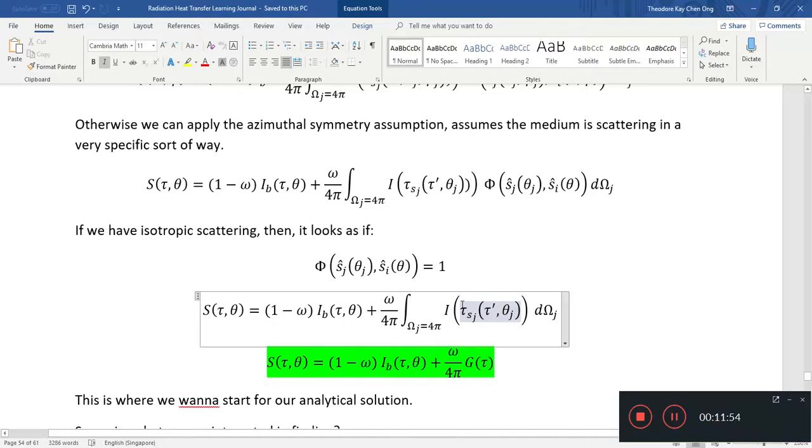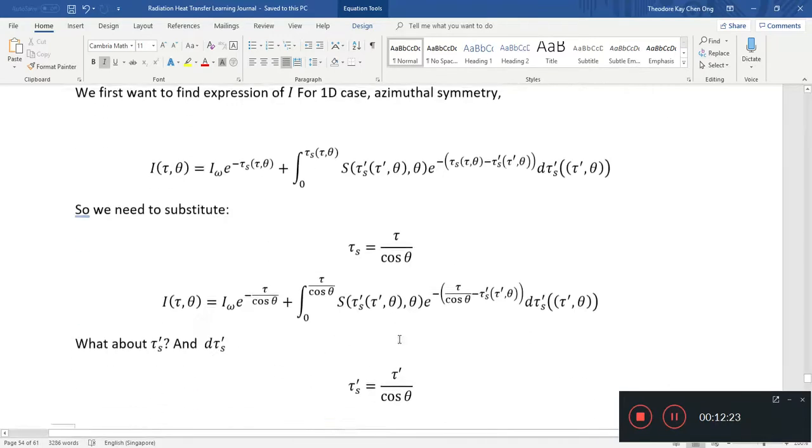So it makes it pretty difficult to solve it explicitly, unless of course you can take scattering out so that the albedo is 0, and the only thing you really need to bother about is this. If that is the case, then you don't need to think about G in the source term. Therefore, it becomes more of an explicit relation rather than an implicit relation.